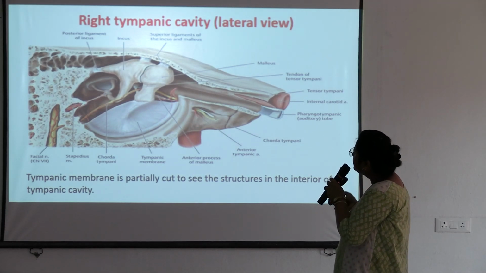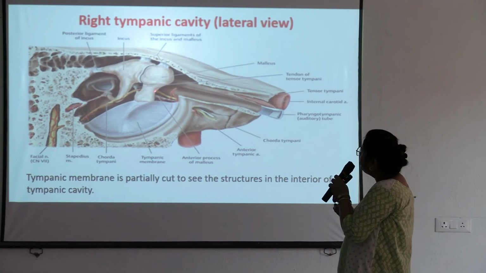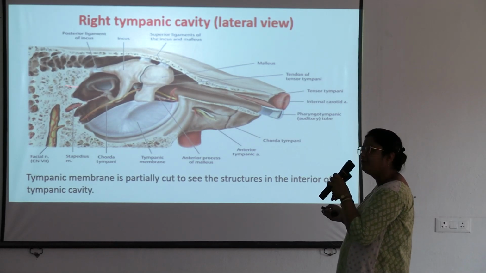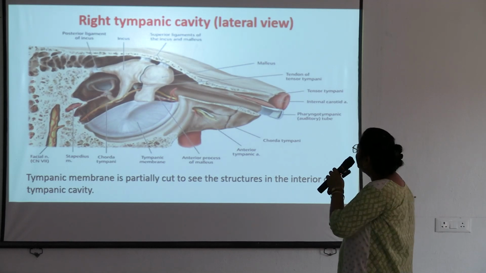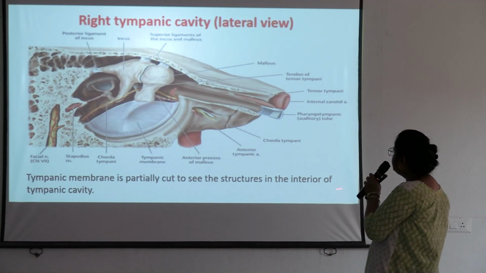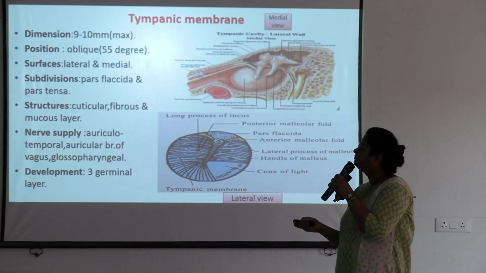It is providing pressure to this tympanic membrane and this air pressure is transmitted through the ear ossicles through the foot plate of the stapes into the internal ear. So the tympanic membrane is partially cut here to see the structures in the interior of the tympanic cavity.